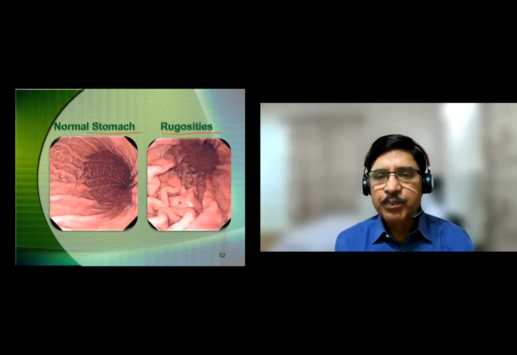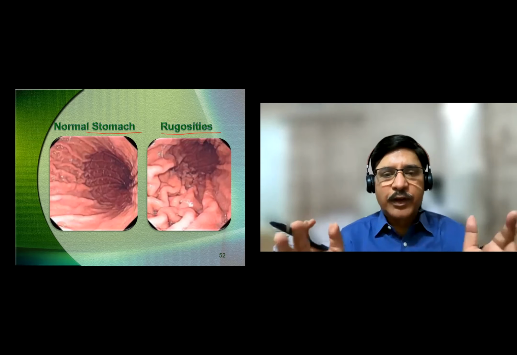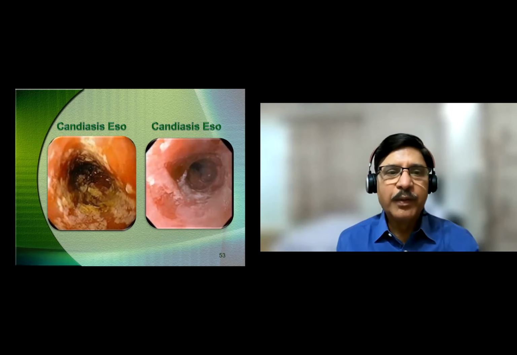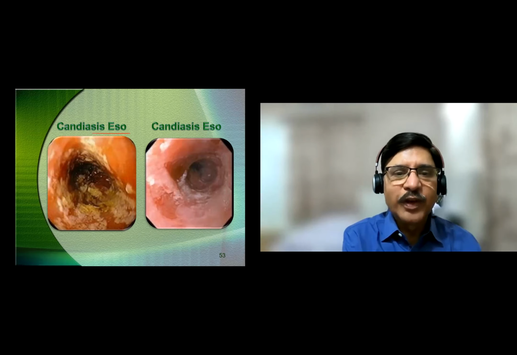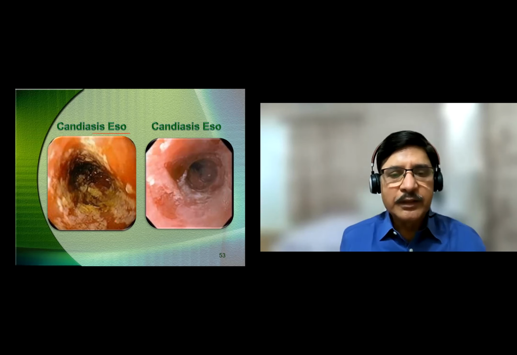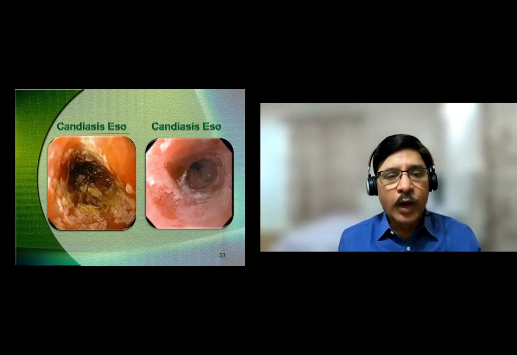Okay. And this is a sac. When you fill it with food, it will expand; for that, the rugosities are there. Now, candidiasis of the esophagus. Very common in HIV infection, in diabetics, and people who are on chronic NSAIDs and had ulcer disease. They can also have it if they are on steroids or immunosuppressive medication.